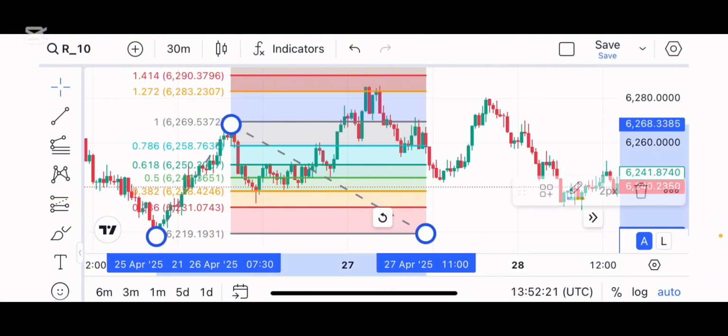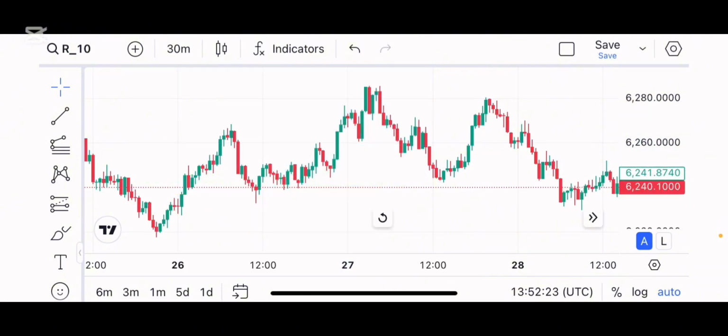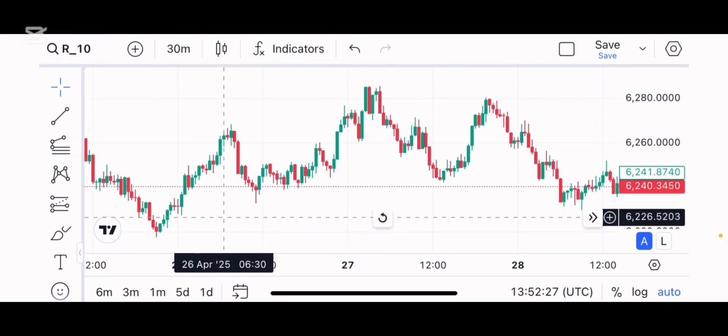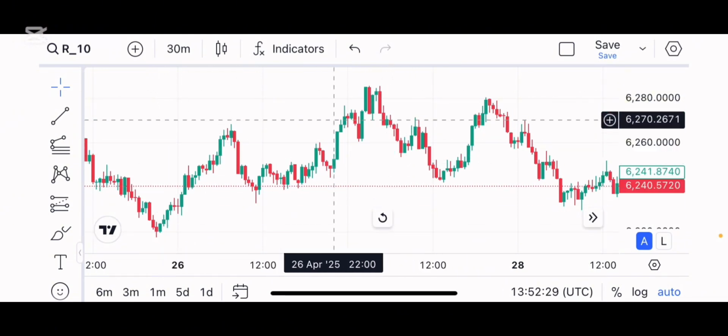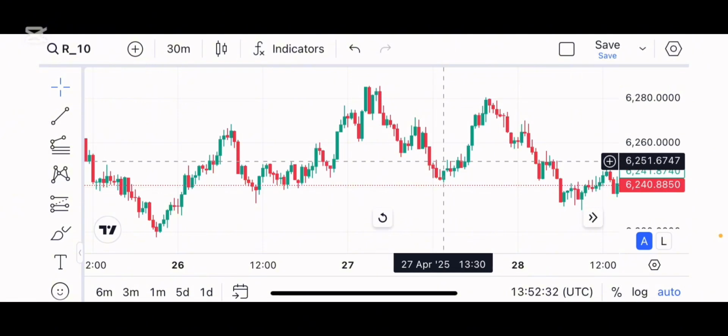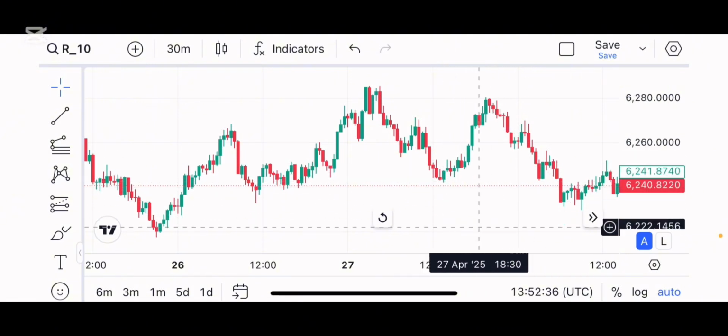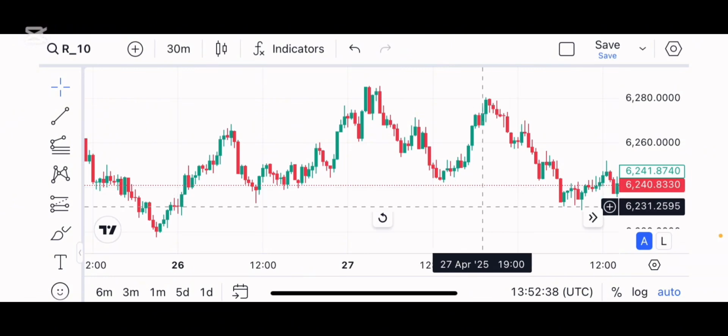So I'm just going to delete this one here. As the market from here begins to drop down, we're going to take a Fibonacci retracement from here all the way to this point to get this retracement. And like I said, we're looking for a 78.6 thereabout before we start finding our buy.